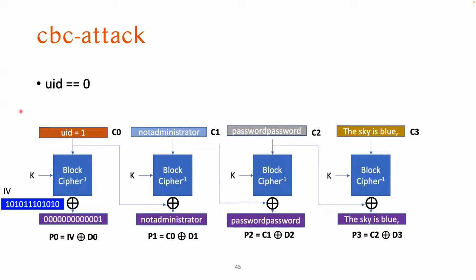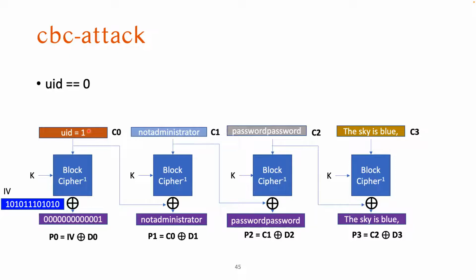This is the CBC decryption logic. You can regard these colored boxes as the ciphertext of this plaintext, and these purple ones are the real plaintext. We have a UID encoded as 1.